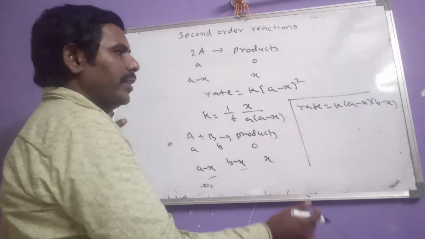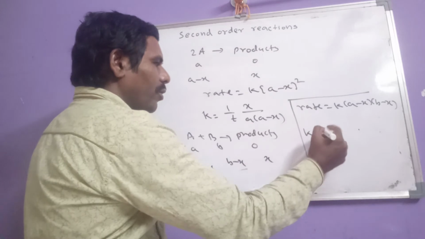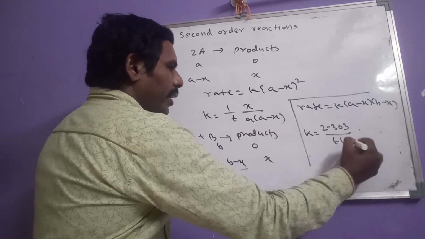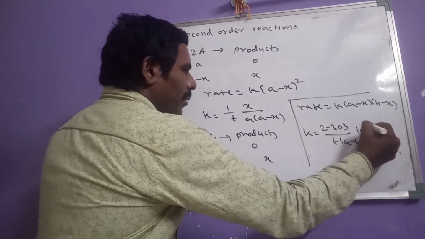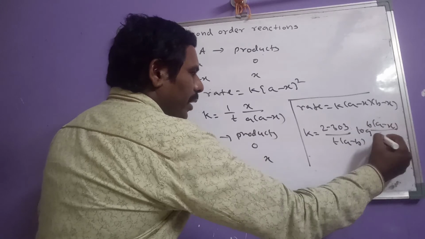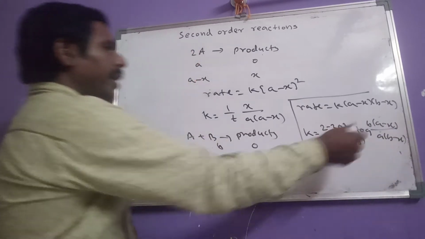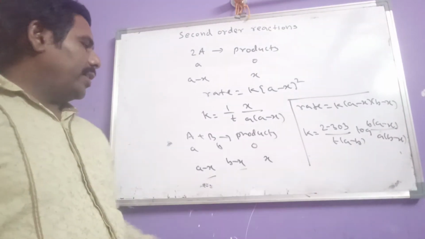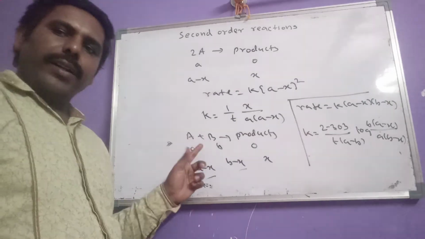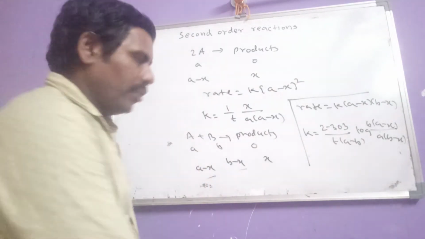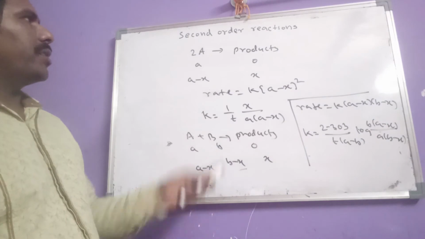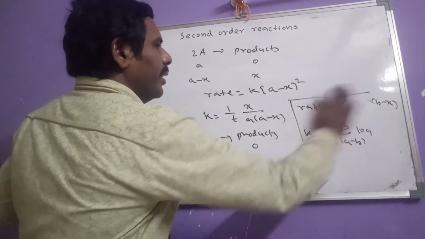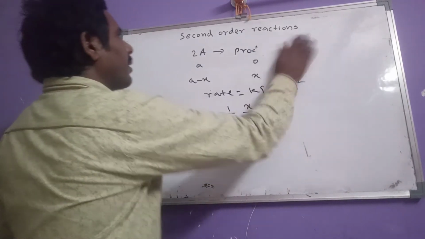Upon solving, we get k equals 2.303 by t into (a minus b) log b into (a minus x) by a into (b minus x). So this is the rate constant expression for a second order reaction in which two different reactants participate. Then let us see the characteristics of second order reactions.